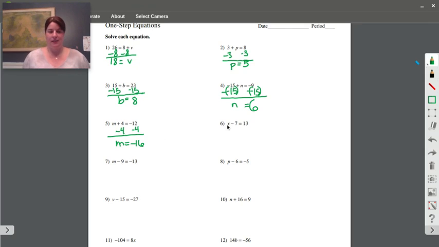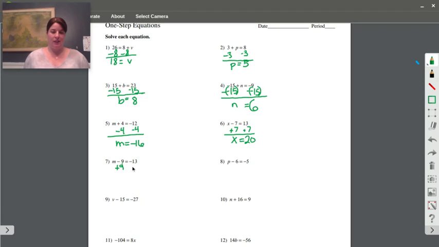Okay. Next, we have x minus 7 equals 13. We're going to add 7 to both sides, and we have x equals 20. All right, m minus 9 equals negative 13.